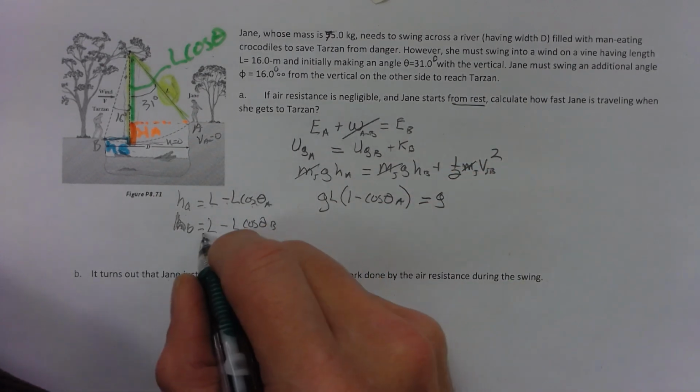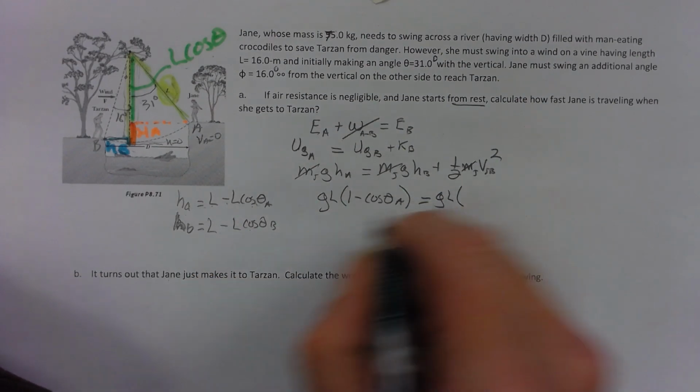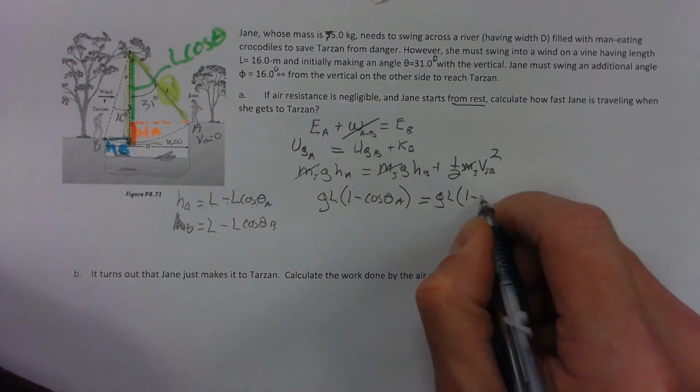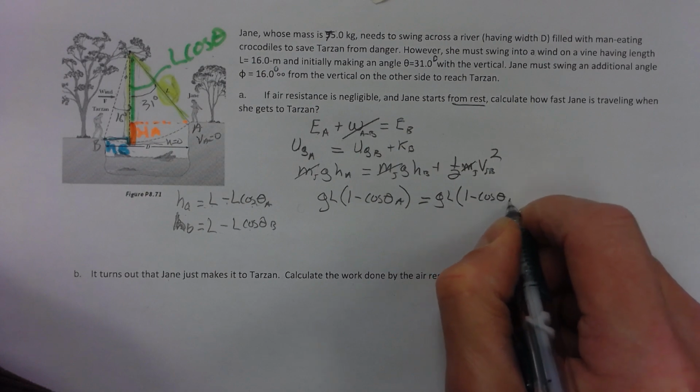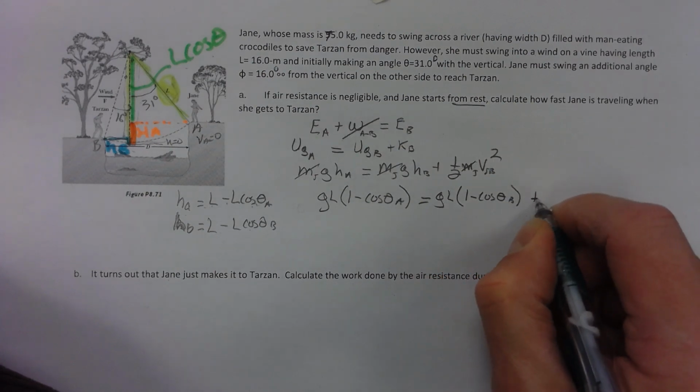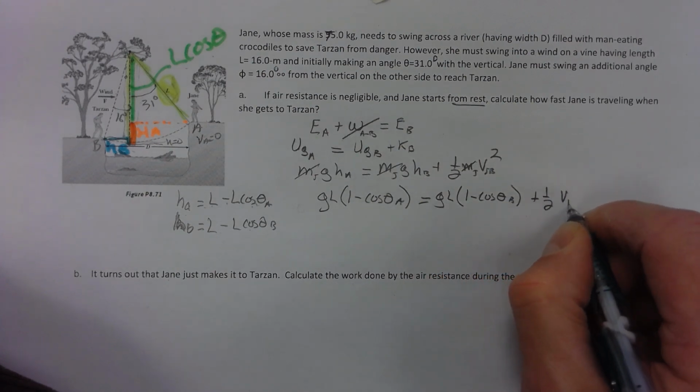Again, I can factor this L out. L, 1 minus cosine theta at B plus 1/2 v at B squared.